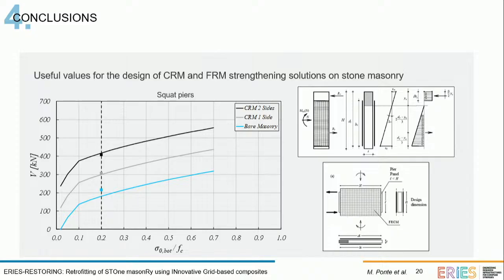We also carried out analytical predictions of the strength of our specimens. We adapted them from the FRP regulations, and you can see that they correspond quite well to what we had. So this is also useful for the future design of these techniques, to know that the strength can be quite well predicted.